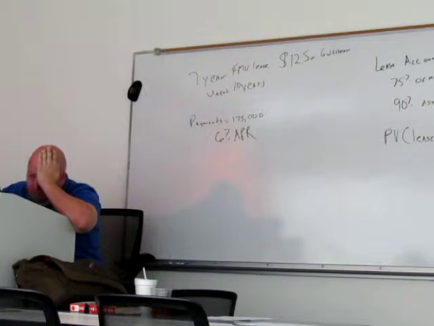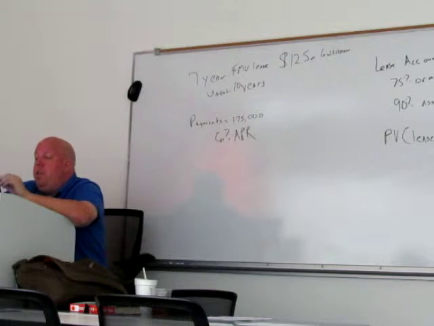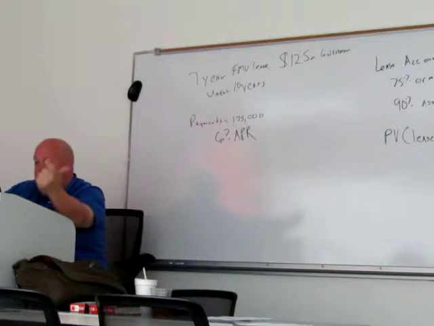So when we're looking for the present value of the lease, we use the present value function. So we need an interest rate. We need a time period. We need what the payment is. And don't forget in the type column, we're going to put 1.